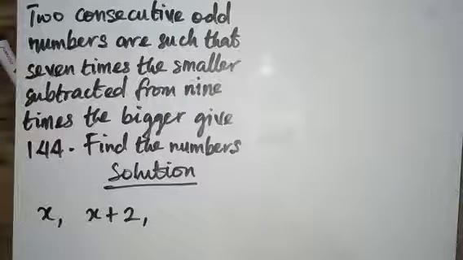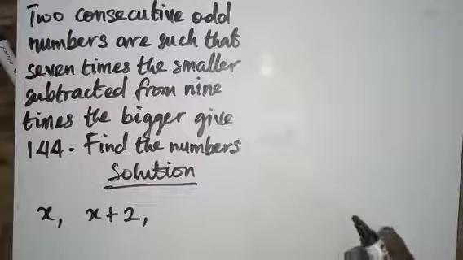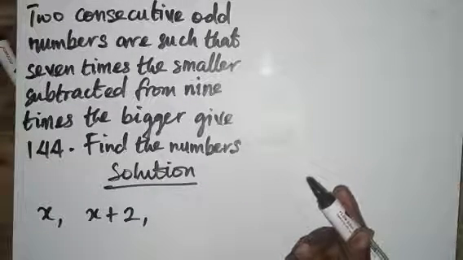So if the first number is 1, 1 plus 2 will give me 3, and x plus 2 plus another 2 is going to give me another odd number.